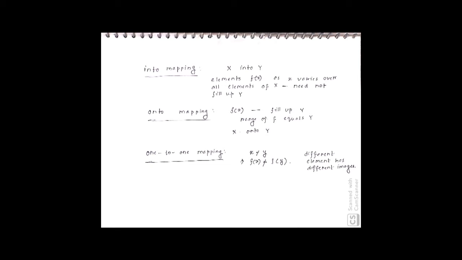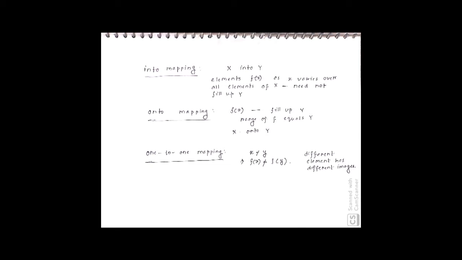If two different elements in X always have different images under f, then we call f a one-to-one mapping of X into Y. Okay. So what is one-to-one mapping?